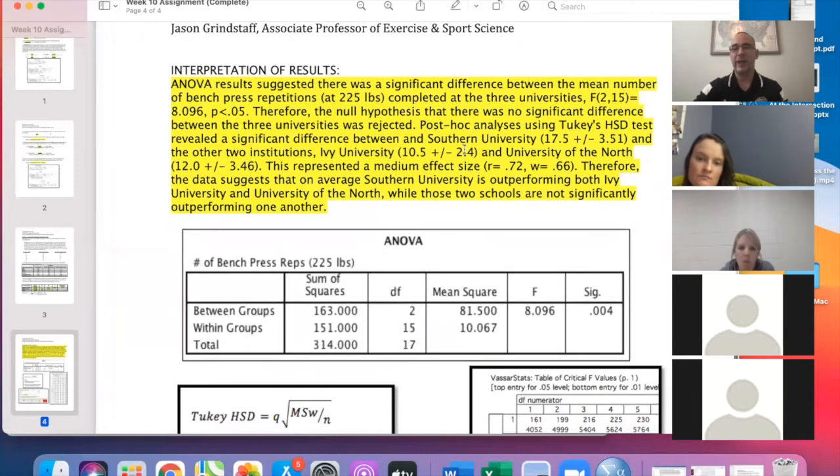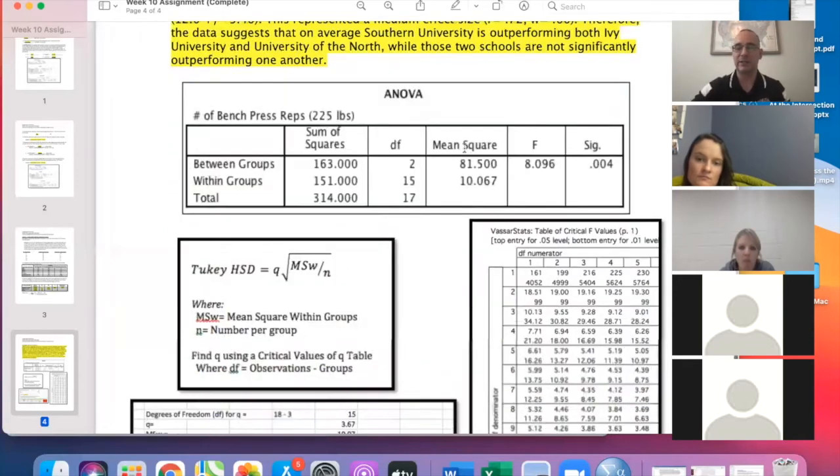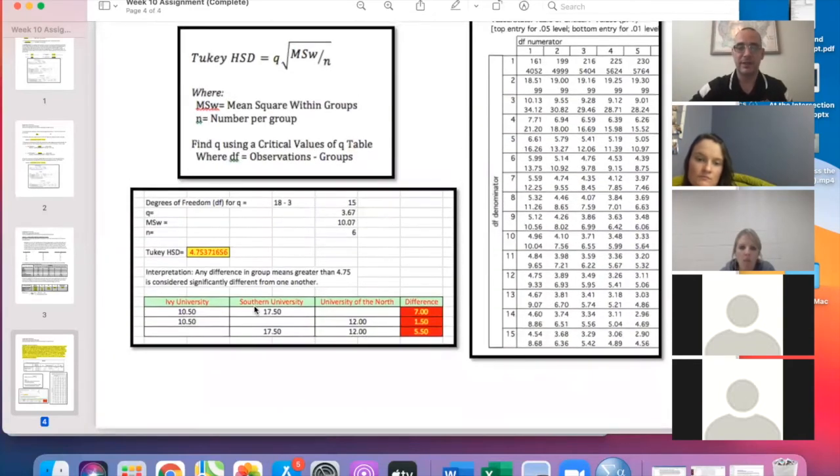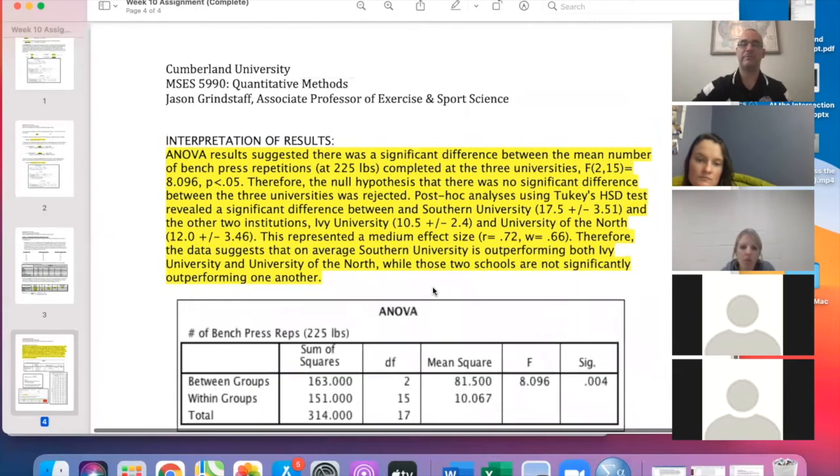So in that one sentence, that tells us that Southern was different than the other two, but Ivy and University of the North were not significantly different. You could deduce that from the way that this is written up.